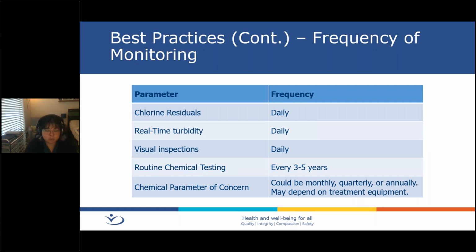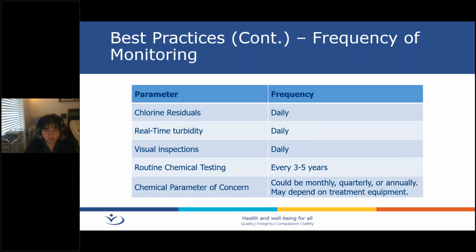And the monitoring frequency can vary depending on the risk of the water system, the sampling history, the size and the complexity, the level of treatment components. And so here are some recommended frequencies for monitoring. Typically we want chlorine residuals to be monitored daily. If turbidity needs to be monitored, it should be daily.